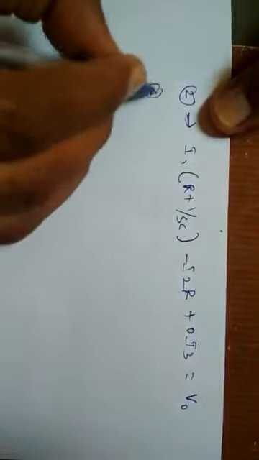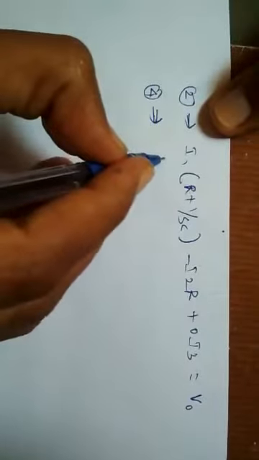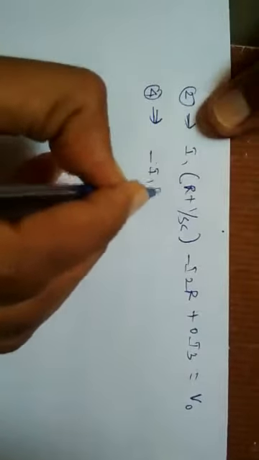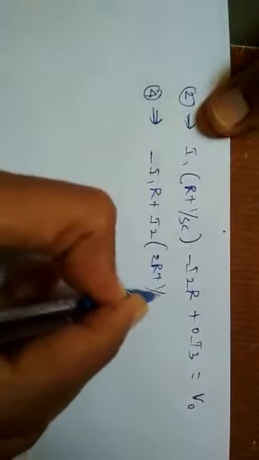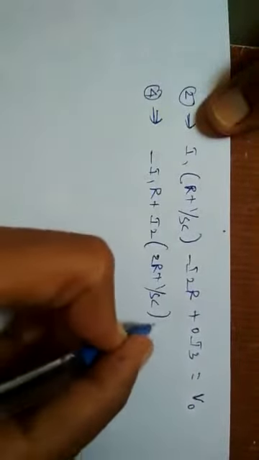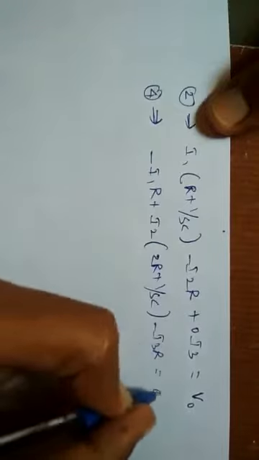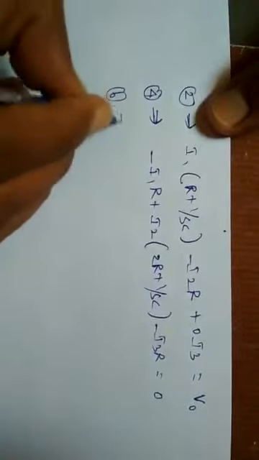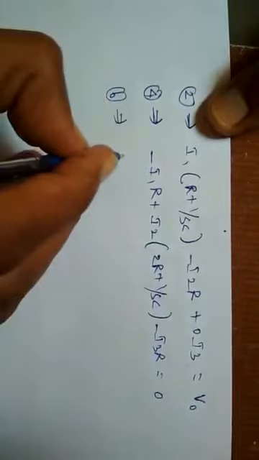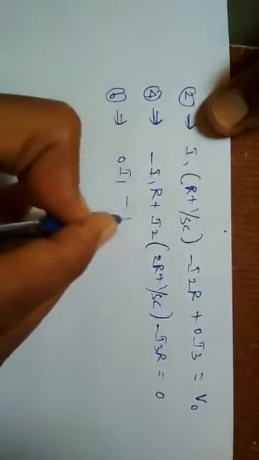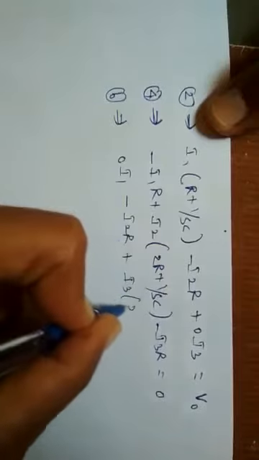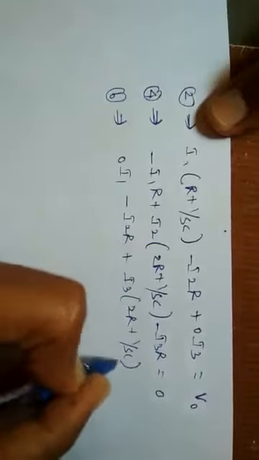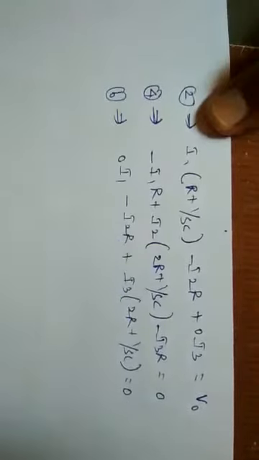And from equation 4 we have minus I1R plus I2 into 2R plus 1 by SC minus I3R equals 0. And from 6 we have 0 I1 minus I2 into R plus I3 into 2R plus 1 by SC, which equals 0.